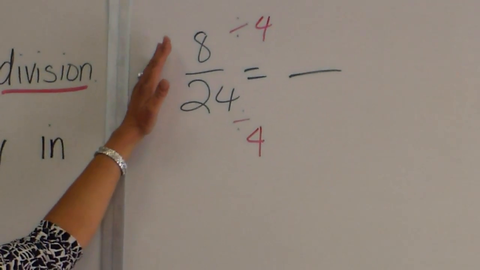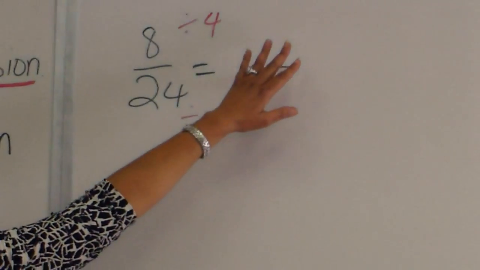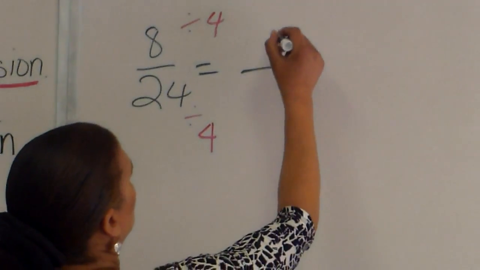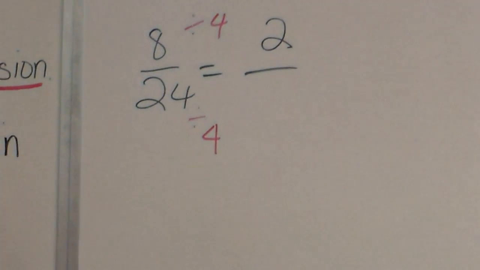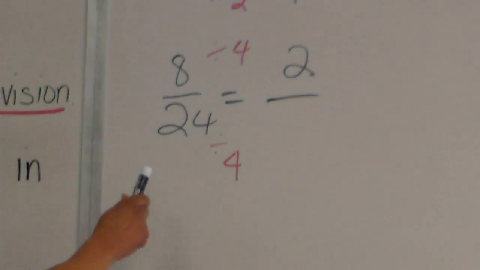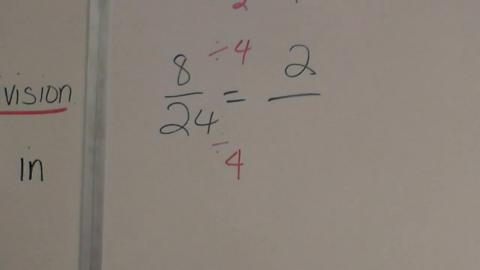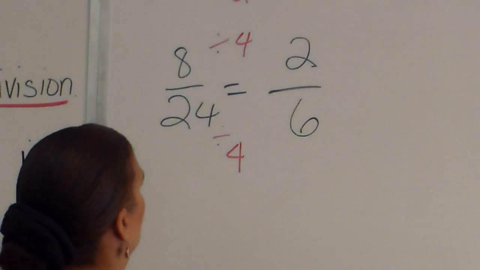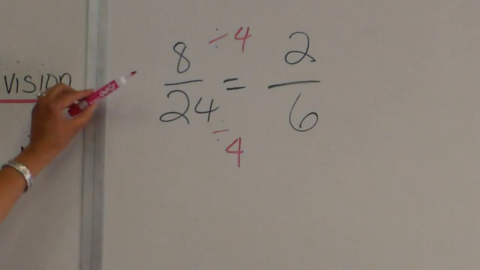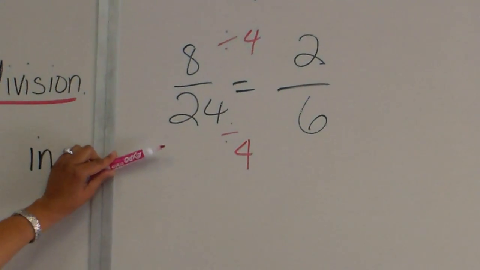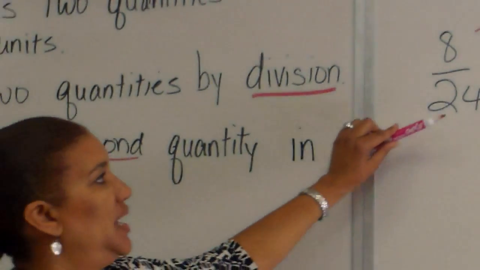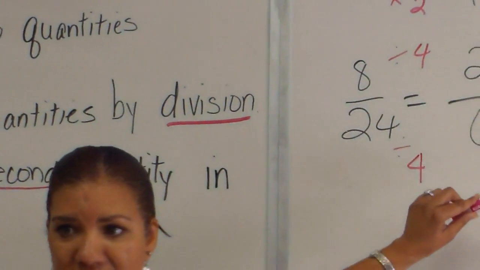So 8 divided by 4 equals 2 on the top. And 24 divided by 4 equals 6. Okay. So the ratio of 8 to 24 is equivalent to the ratio of 2 to 6.